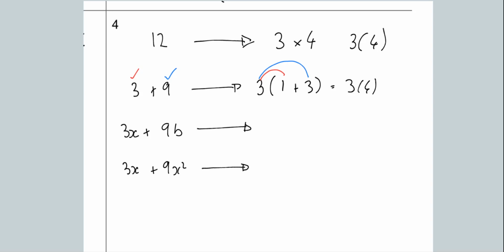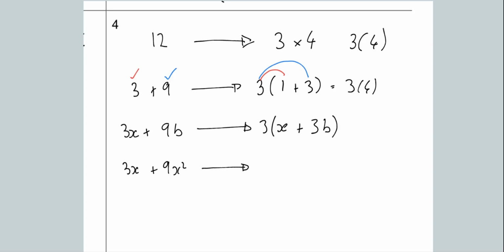3x plus 9b, again, there's a common factor of a 3 here. So what you're asking yourself always is what's left over? So 3 times what will give me 3x? And the answer is x, plus 3 times what will give me 9b? Well, I'll need 3 to make it up to 9. 3 3s are 9.